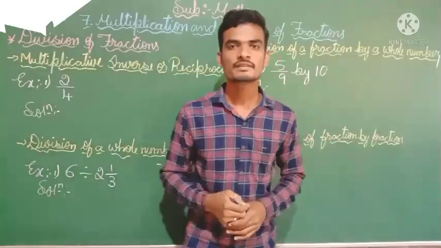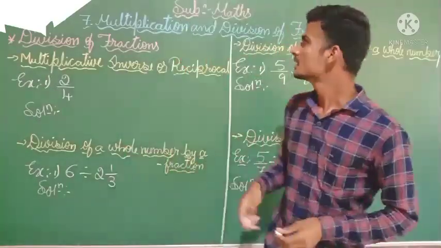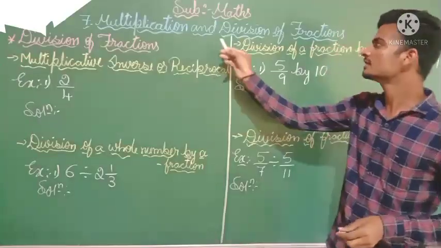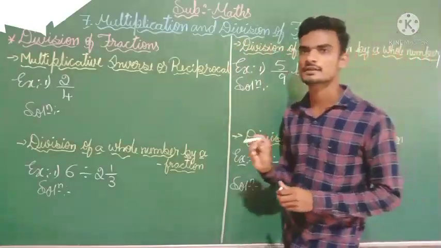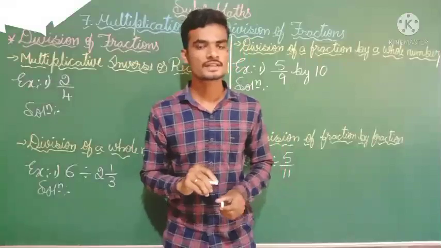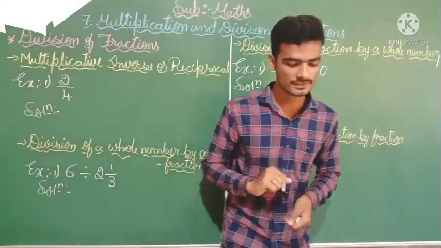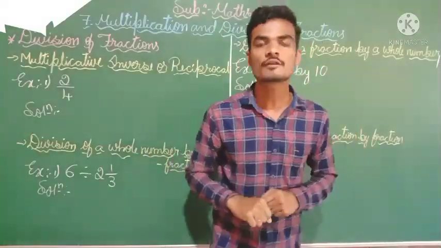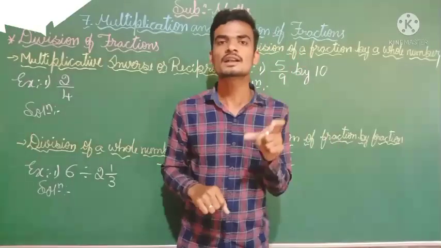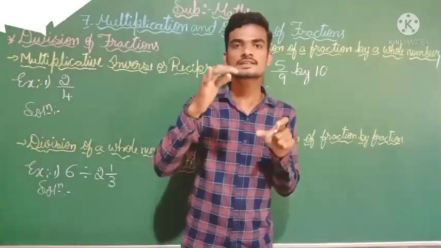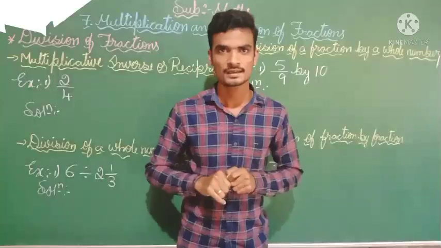Dear students, in a previous class we have discussed the 7th chapter, that is multiplication and division of a fraction. Here, first we have discussed multiplication of fractions. In this we have discussed 4 sub-topics.